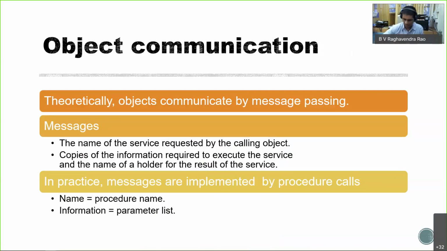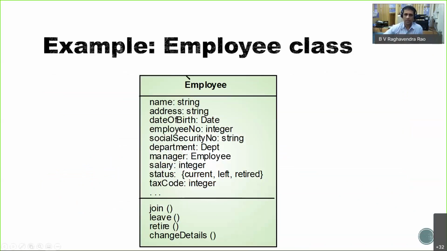Now I'll briefly describe what we mean by object communication. Suppose in a system you have lots of classes. In our case, we had at most 2 classes in any programming assignment that we have given, but it's not necessary that you just have 1 or 2 classes; you'll have lots.